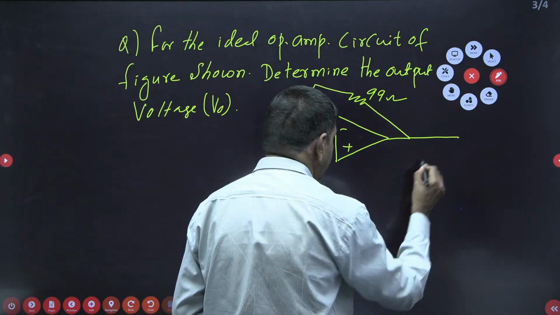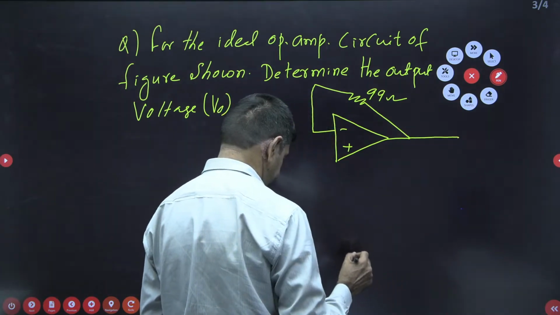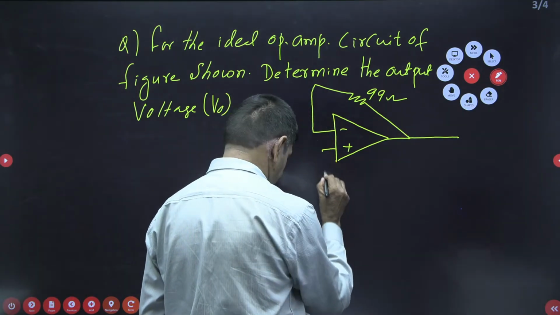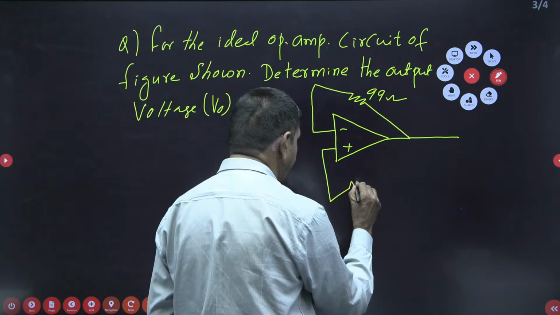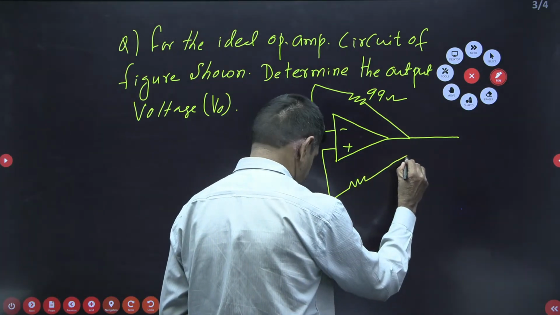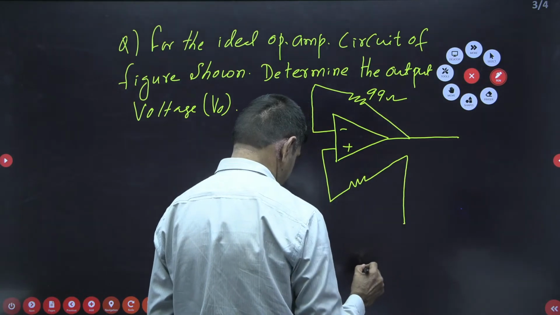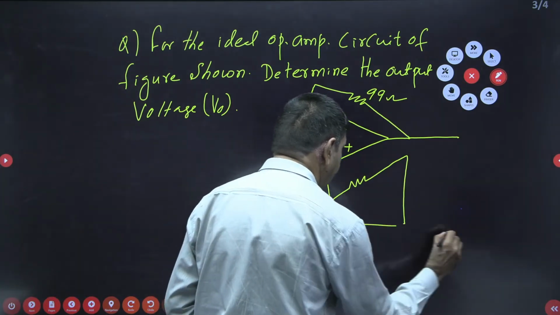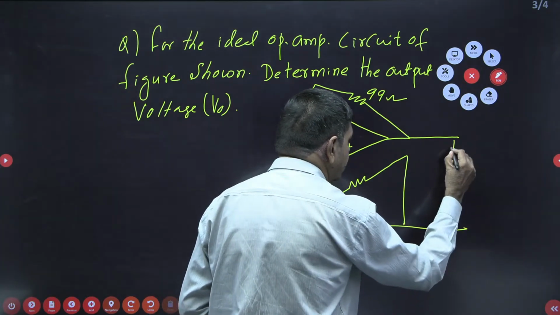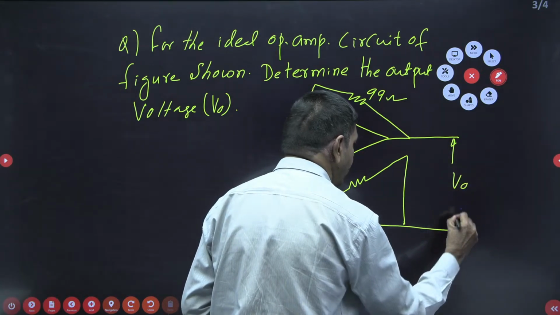V0 is taken from here. And this terminal is connected to a resistor. I want this V0 value.